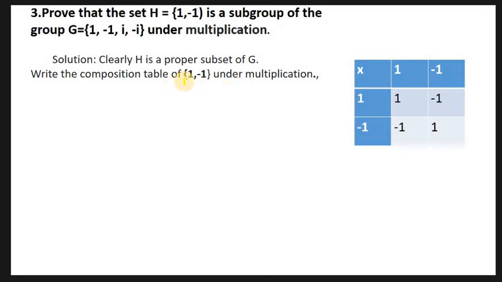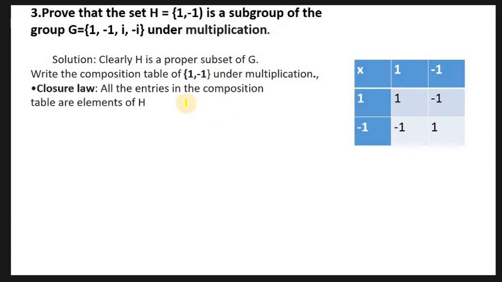Clearly they are the elements of the set H. So all the entries belong to the set H. Therefore it is closed with respect to multiplication. See, all the entries in the composition table are the elements of H. Therefore closure law holds good with respect to multiplication.